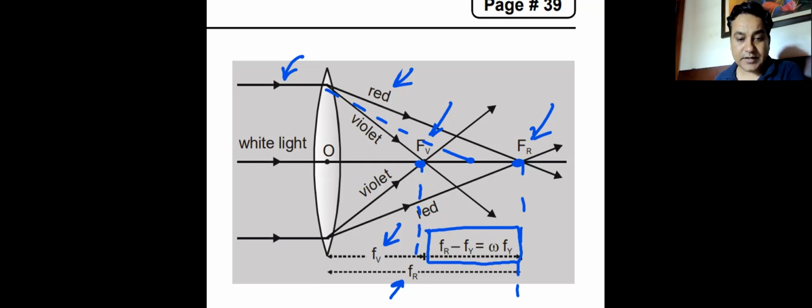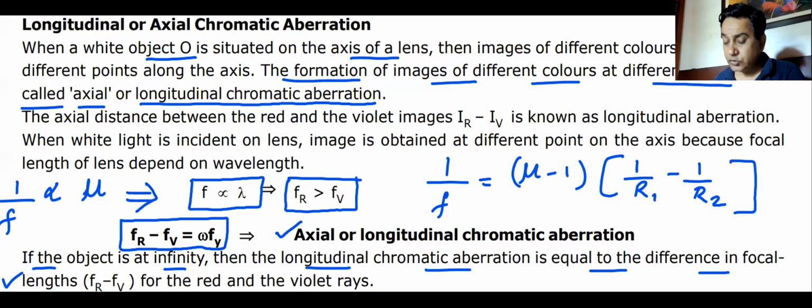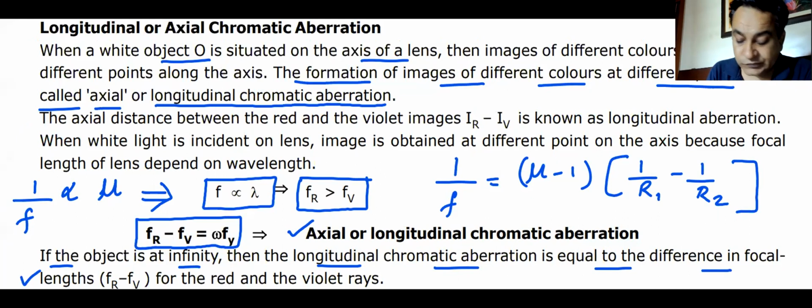I give you a minute to note this down. The diagram should be there. If you don't want to draw the diagram in your copy, then mark it on the sheet. But remember, 1 by f is directly proportional to mu. Mu is inversely proportional to wavelength.